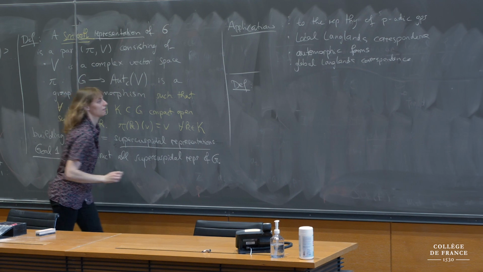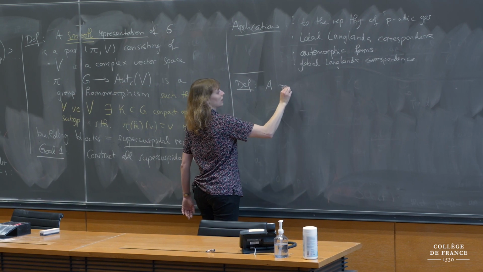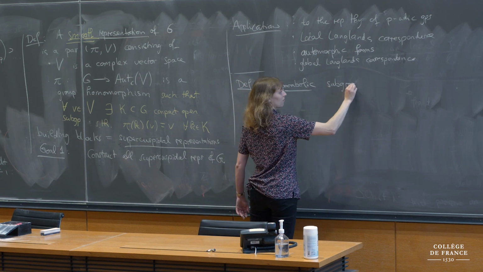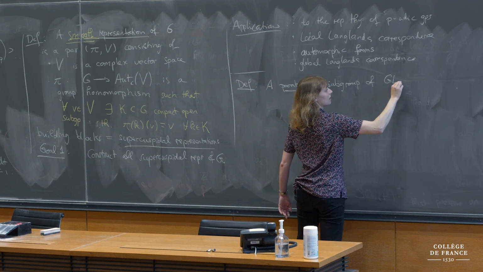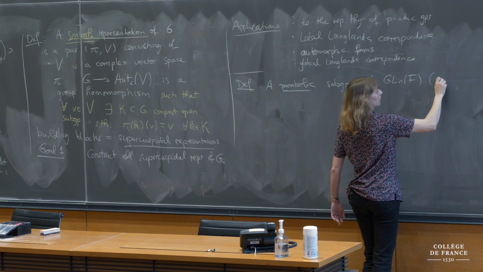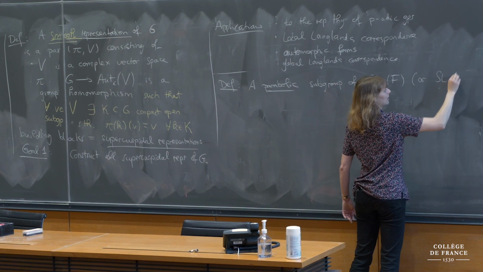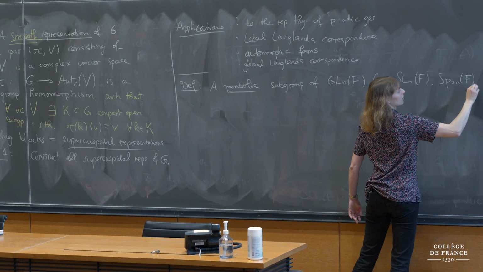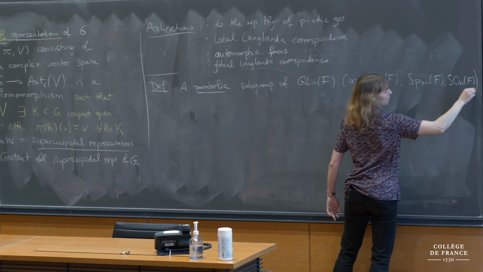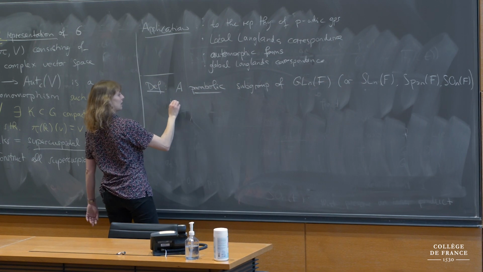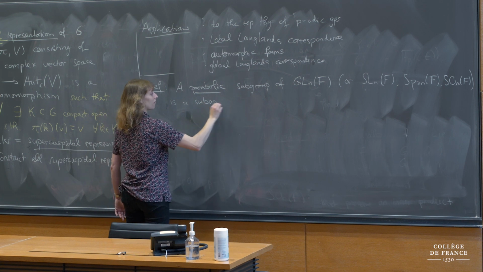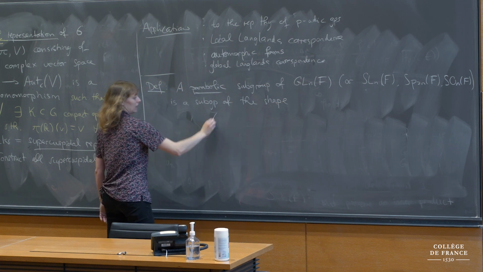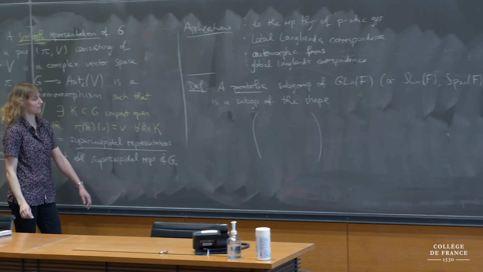So here's a definition. A parabolic subgroup of GL_n, or also of all the other groups I've written down, of SL_n, or Sp_2n, or SO_n, is a subgroup of the shape: a block upper triangular matrix.